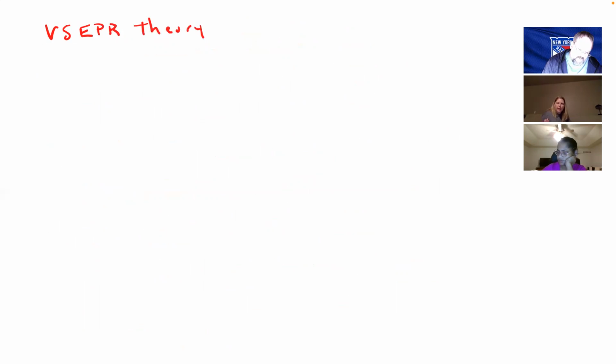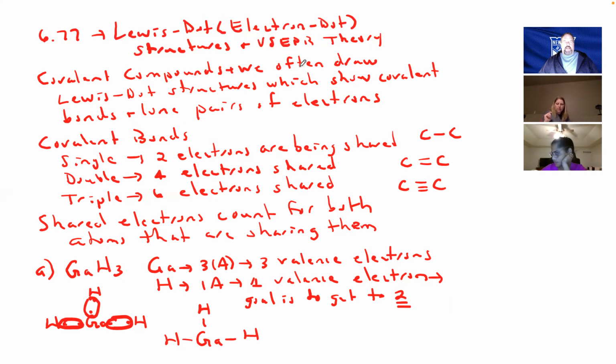So just real quick, you said that Ga is happy with just 6 electrons? Yes, if you were to count up how many valence electrons the gallium now has, and remember, shared electrons count for both atoms that are sharing them, this gallium now has 2, 4, 6. And for reasons that the book doesn't go into, gallium is okay with that.